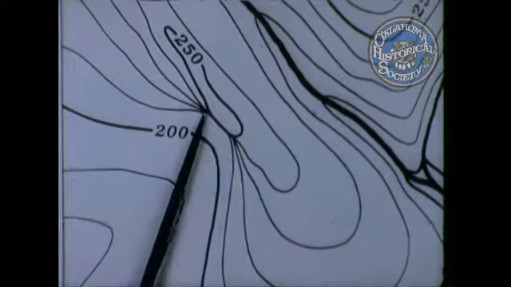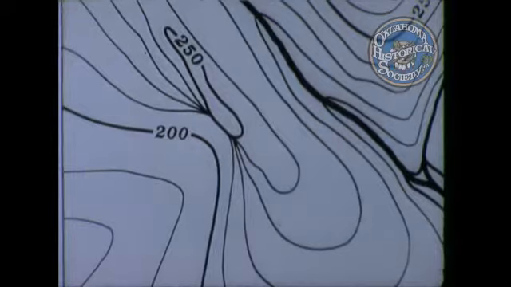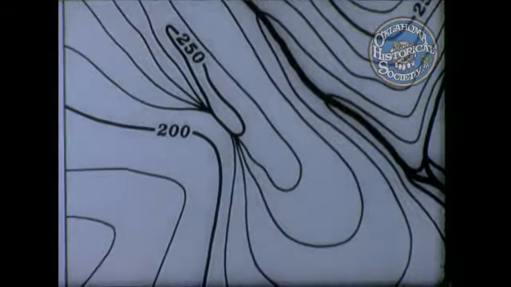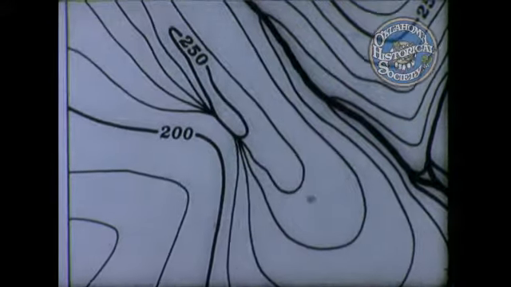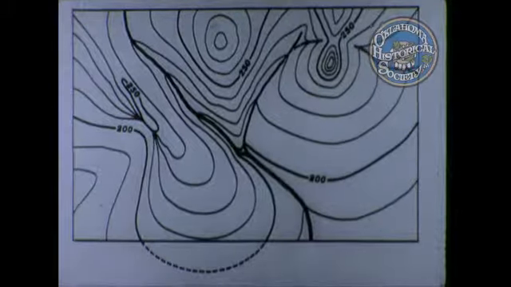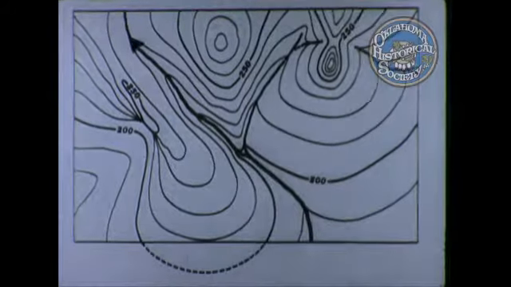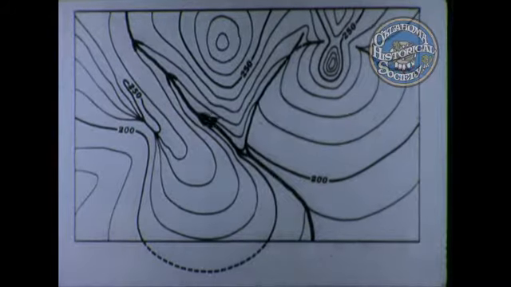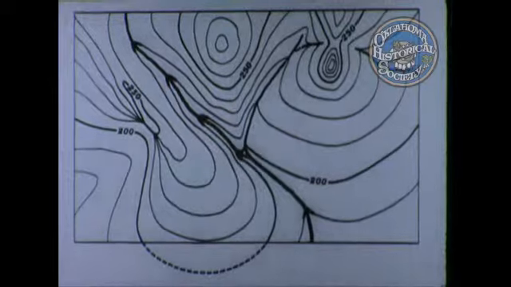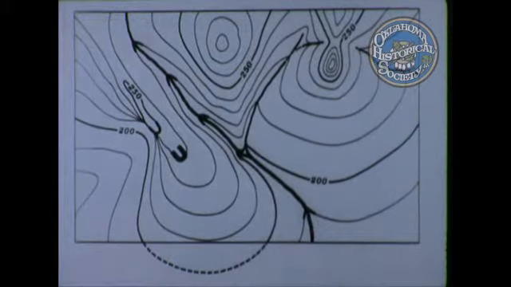Here the contours appear to touch. This indicates a vertical cliff. Of course, these contours do not actually touch, as they are of different elevations. It is only their projections on the map which do so. Note the characteristic V shape of the valley or streamline contours. The V's point upstream. Note the U shape of the hill or ridgeline contours.